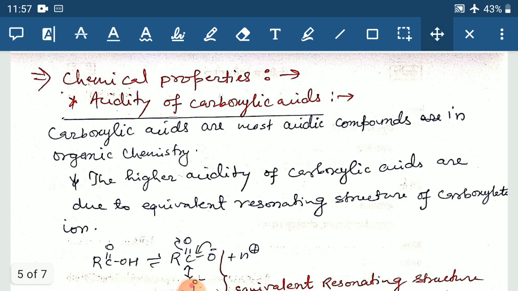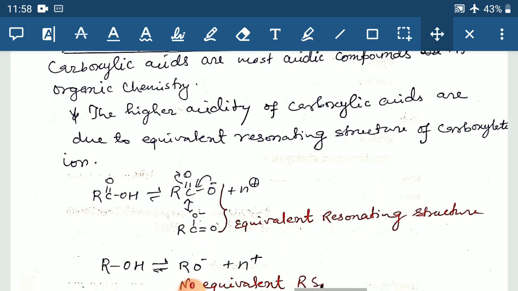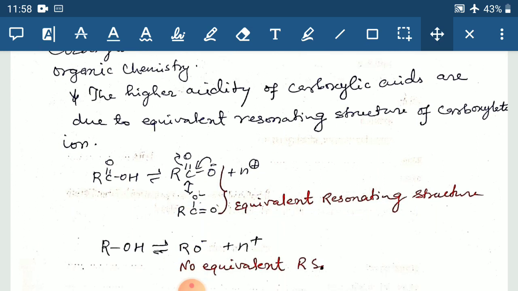Now coming to its chemical properties. A very important thing is the acidity of carboxylic acids. Carboxylic acids are the most acidic compounds in organic chemistry. The higher acidity of carboxylic acids is due to the equivalent resonating structures of the carboxylate ion.